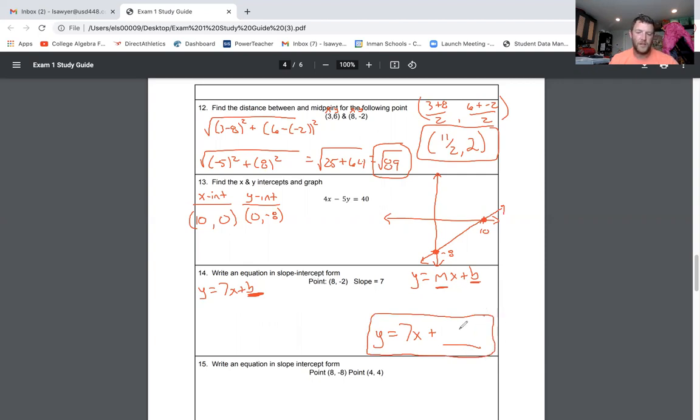But now I need to find that something. So I'm going to go ahead and plug. This is x, this is y. So -2 is equal to 7 times 8 plus that b. -2 is equal to 56 plus b. Minus 56, and I get b is equal to -58.